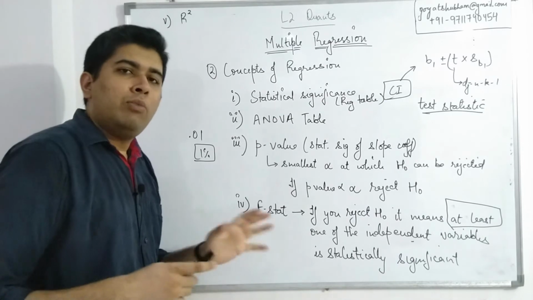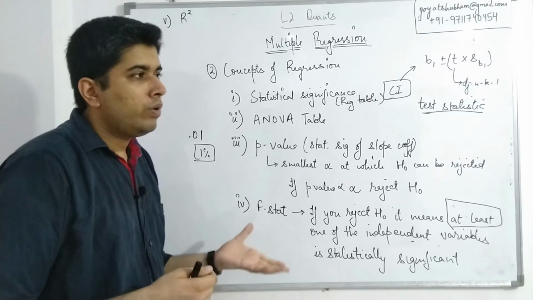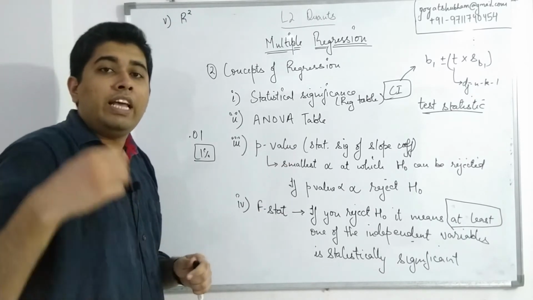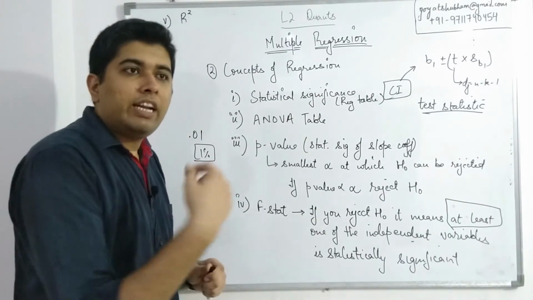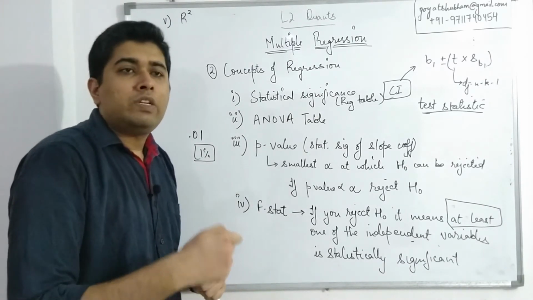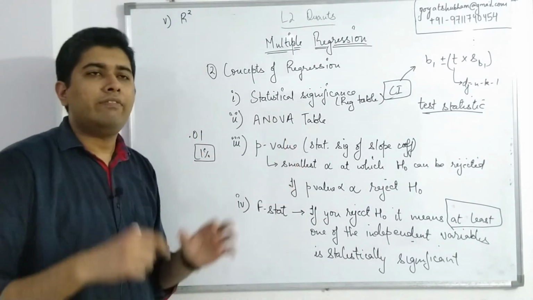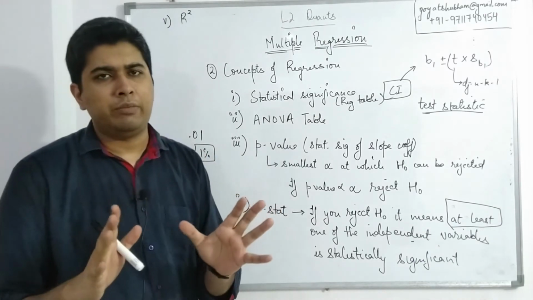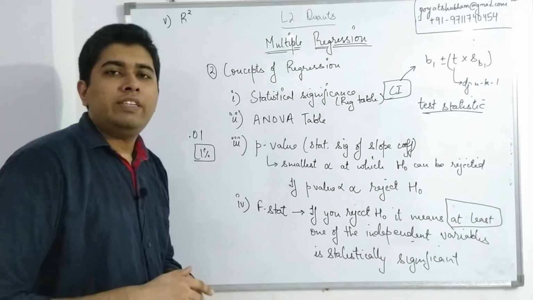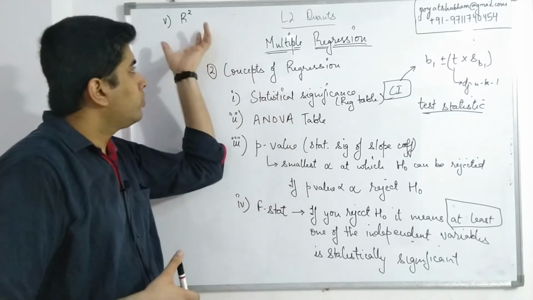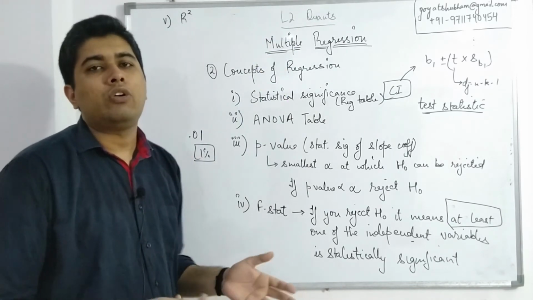The problem with R square is, as you keep adding more independent variables, R square tends to keep on increasing, irrespective of whether that additional independent variable is statistically significant or not. Which means, let's say I have three very statistically significant independent variables, and then I decided to add five more which are not very significant, R square will keep on increasing as I keep adding more independent variables, whether or not they are relevant.